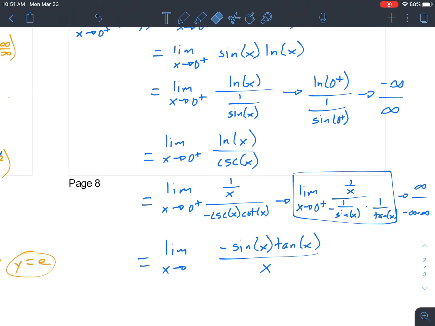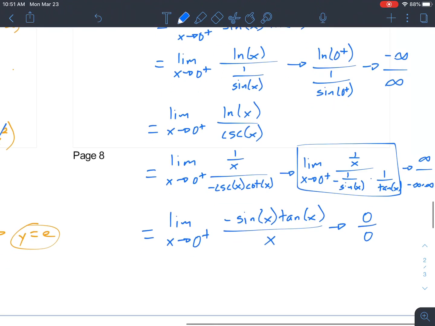Oh, and I wrote it as it's going to infinity. It's supposed to be going to 0 from the right-hand side. Alright, so now that we have this, even rewriting it like this, we're going to get 0 over 0. It's still indeterminate. We do need to do L'Hopital's again.